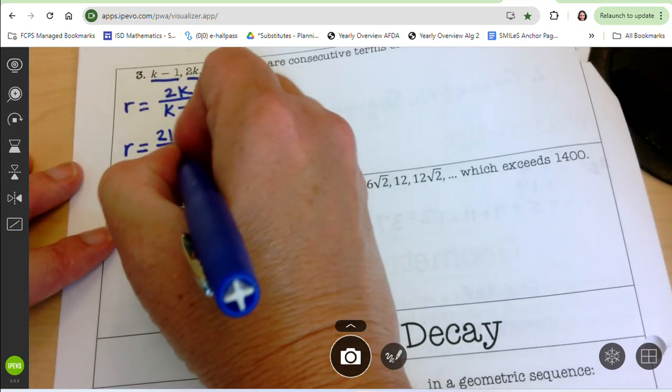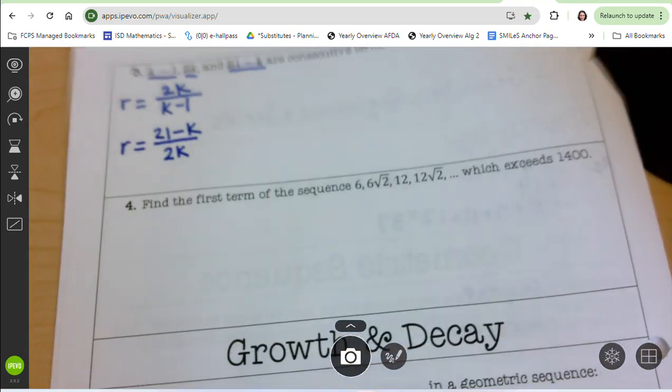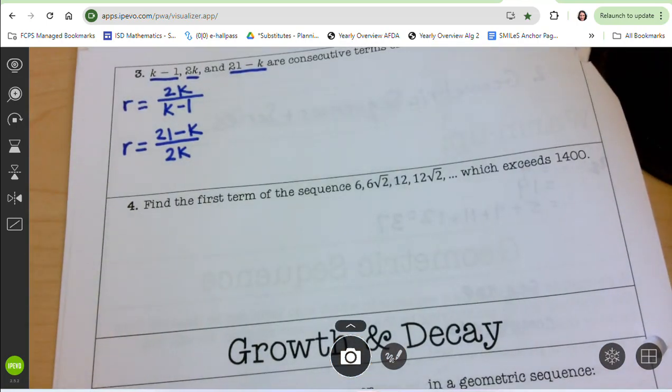Wait, why do we need two different formulas for r? So we need to have two things that are equal to r. And then we can say that they equal each other, right? Because they both equal the same r. Yeah. So now we're going to have these equations that equal each other.